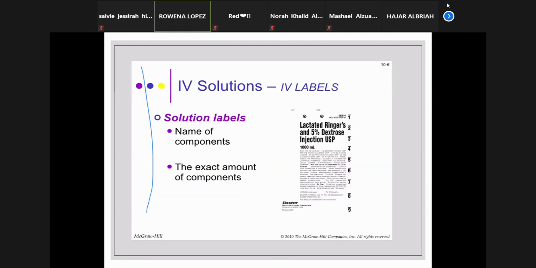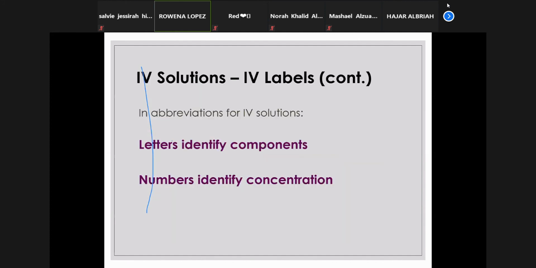So please make sure that you know the labels of your IV solutions, okay? The solutions have the names of components and the exact amount of the components. See this label: lactated Ringer's and 5% dextrose injection, 1000 ml.